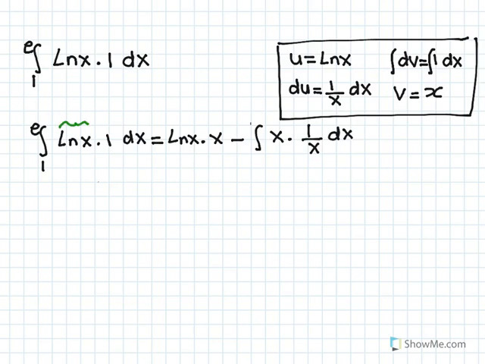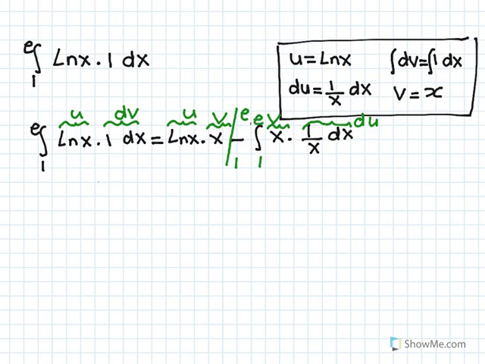So u is log x, 1 dx is dv. That's going to be equal to u times v, so this is u, and v is x, minus the integral of v, which is x, times this part, 1 over x dx, and that's du. And let's not forget the limits. So evaluate it from 1 to e, and evaluate it from 1 to e.